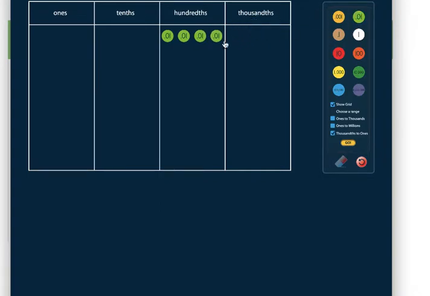So right now I have 4 hundredths. That's not greater than 12 hundredths, so I have to keep going. Oops. So now I have 8 hundredths. Okay. Now I have 12 hundredths.